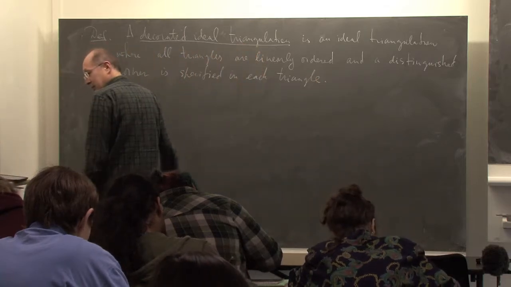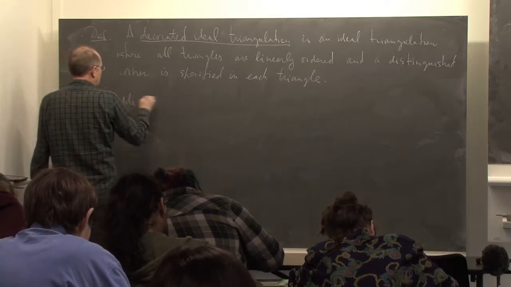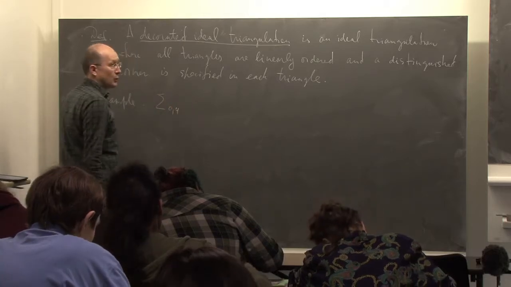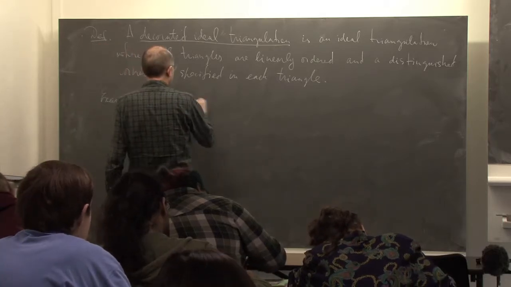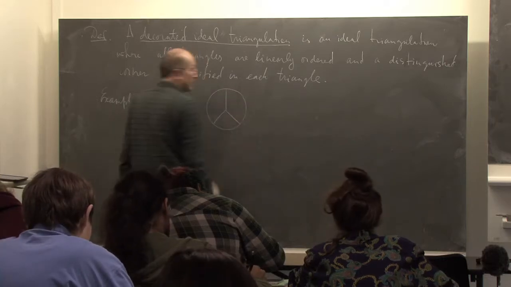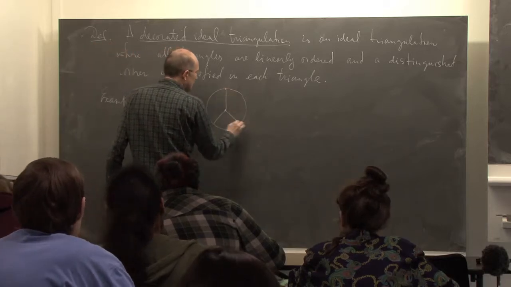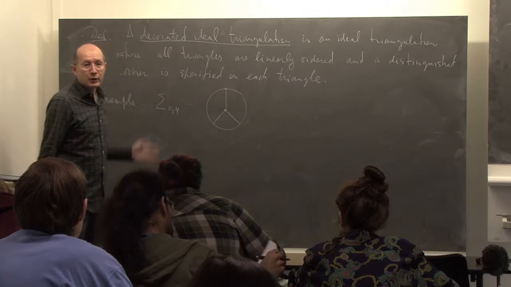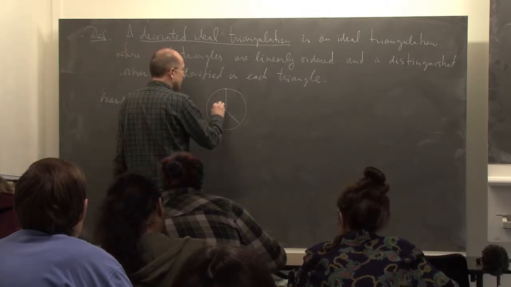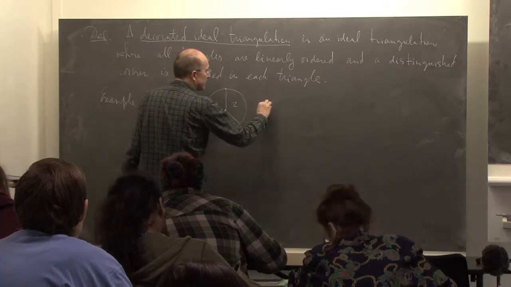So let me draw an example. We take sigma 0, 4. So we have a tetrahedron. That's an ideal triangulation. But we now linearly order, which means that we enumerate the triangles. So we say this is the first triangle, for example, this is the second, this is the third, this is the fourth.